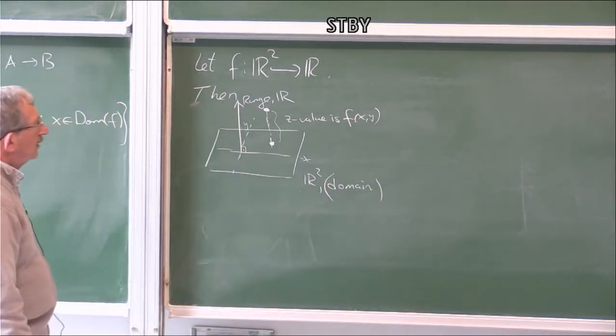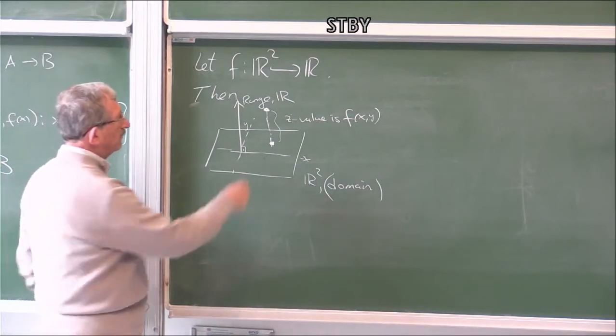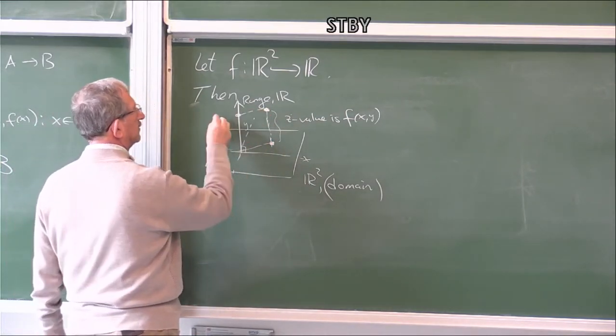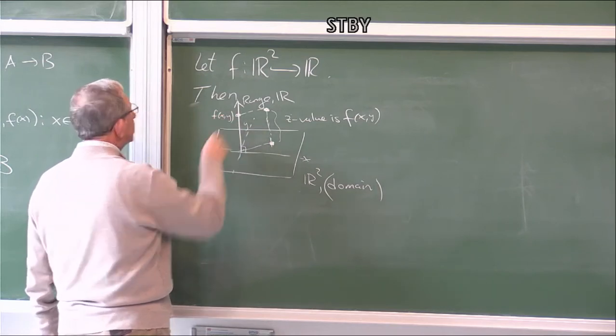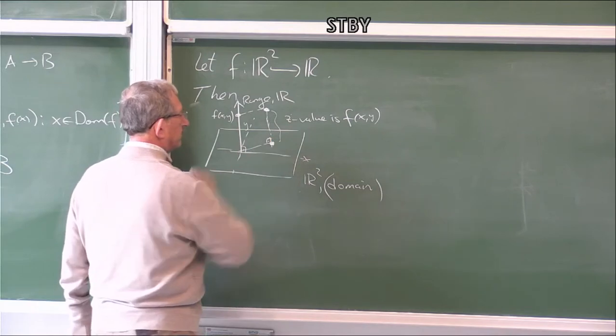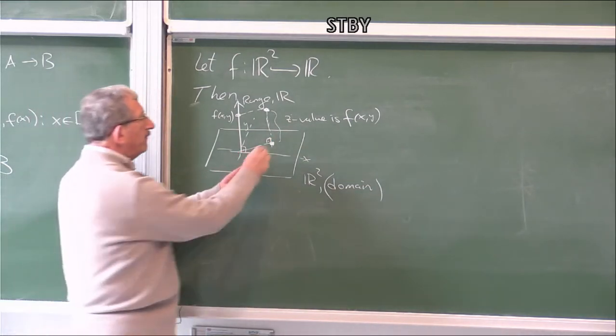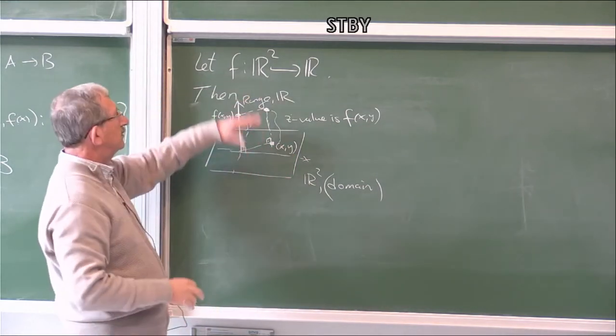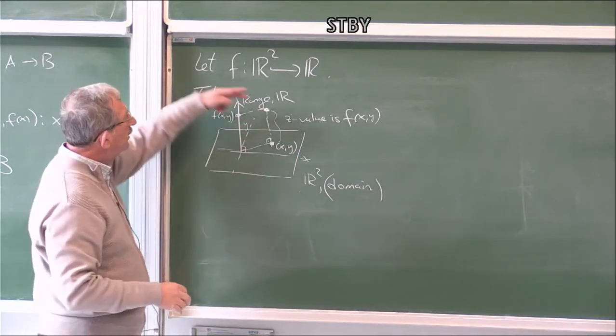So now imagine, of course, this z value is like this. This is f of xy. It can be negative, no problem, but this is perpendicular. So, for every point xy in the domain, we get a height, negative or positive. We reach a point.